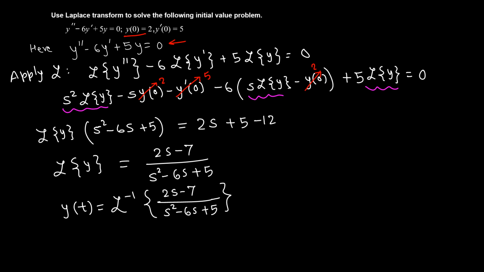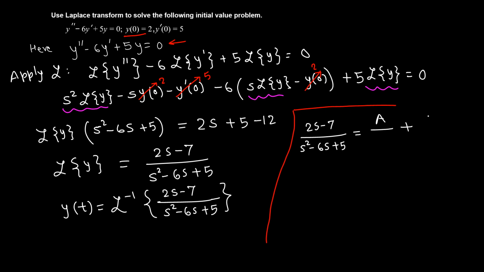So let me do it over here on the right side, and then we take the inverse Laplace. So we have 2s minus 7 over s squared minus 6s plus 5 equal to, we want to write this fraction as a sum of two simpler fractions, A over and B over.